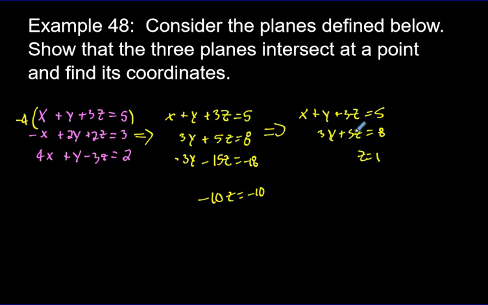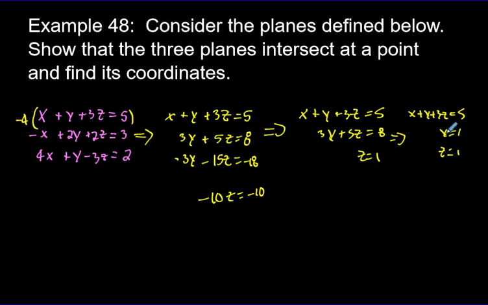If z is equal to 1, I can plug it into this top equation: 5 times 1 is 5, I subtract 5, 8 minus 5 is 3, and y is equal to 1. Now I have x plus y plus 3z equals 5, and I know y is equal to 1 and z is equal to 1.